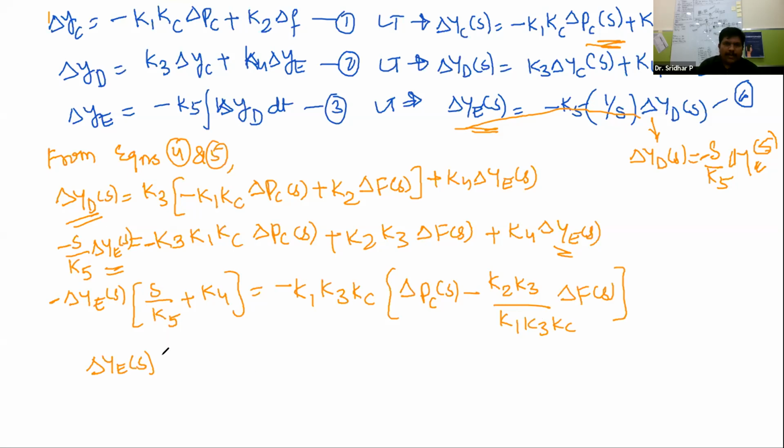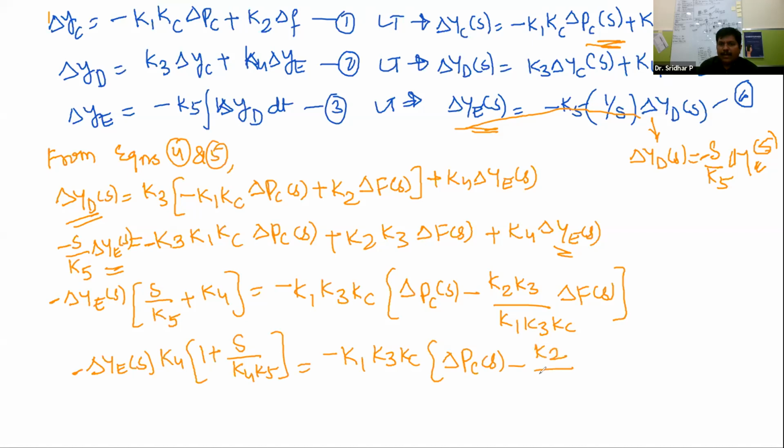Here k4 I am taking as common. So what you will get on the left side is 1 plus s by k4 k5. On the right side, this is minus k1 k3 kc into delta pc of s, minus k3 gets cancelled, and the remaining one is k2 by k1 kc into delta f of s.